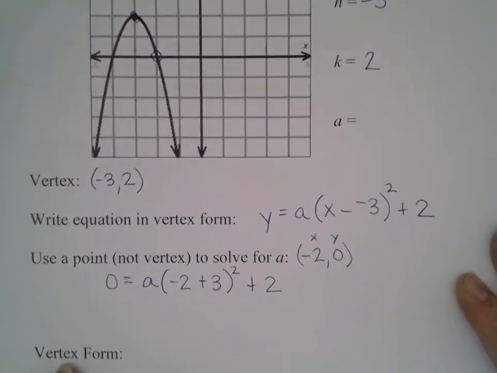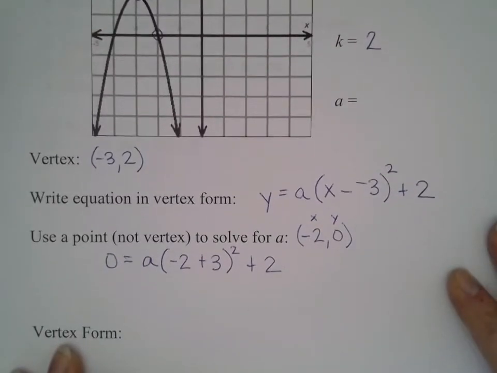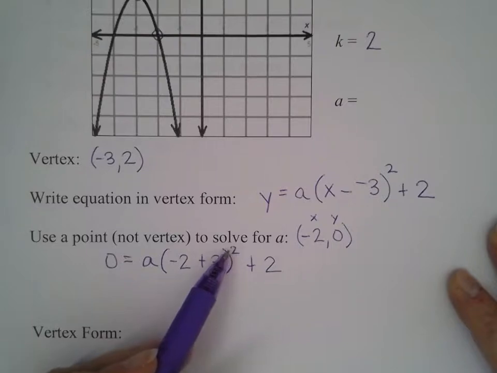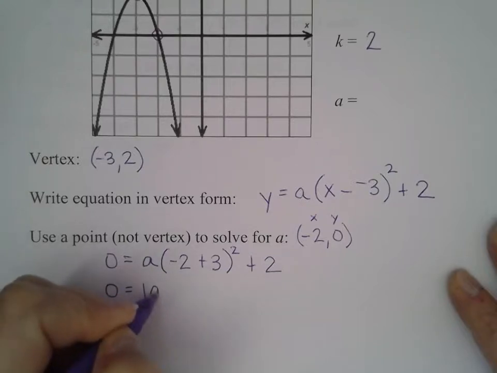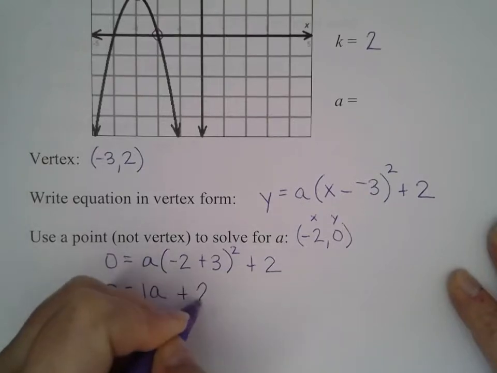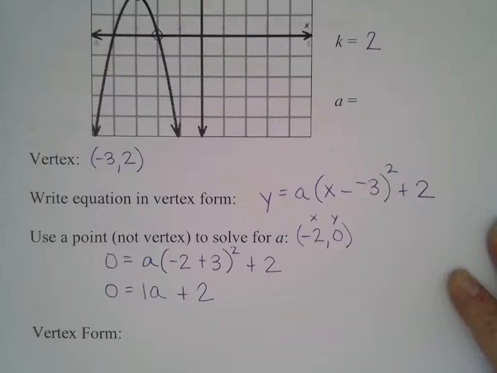The order of operations becomes really important when we do this part, so we really need to do the inside of the parentheses first. 3 plus -2 would be 1, and then squared would also be 1. So really this is like 1 times a, which is just a. It won't always be 1, so it is important to kind of think of it that way.